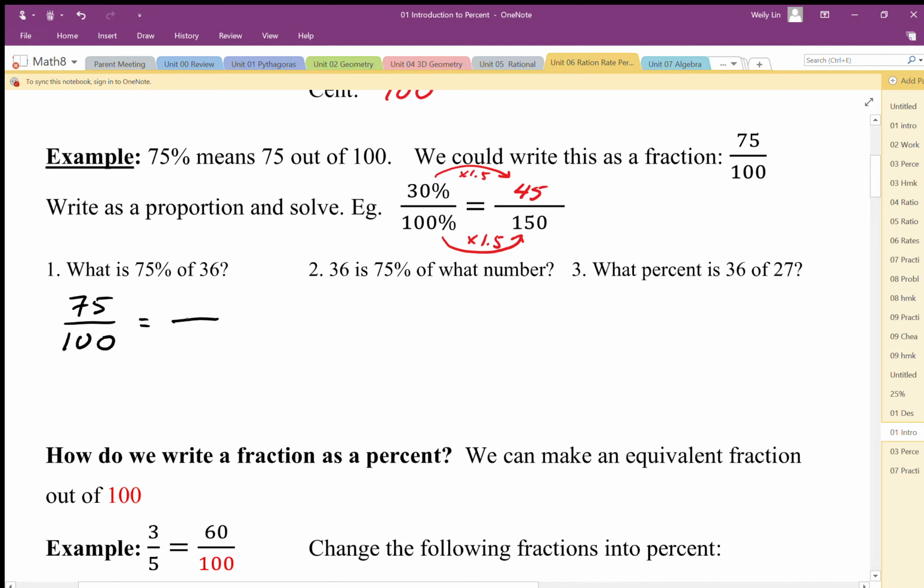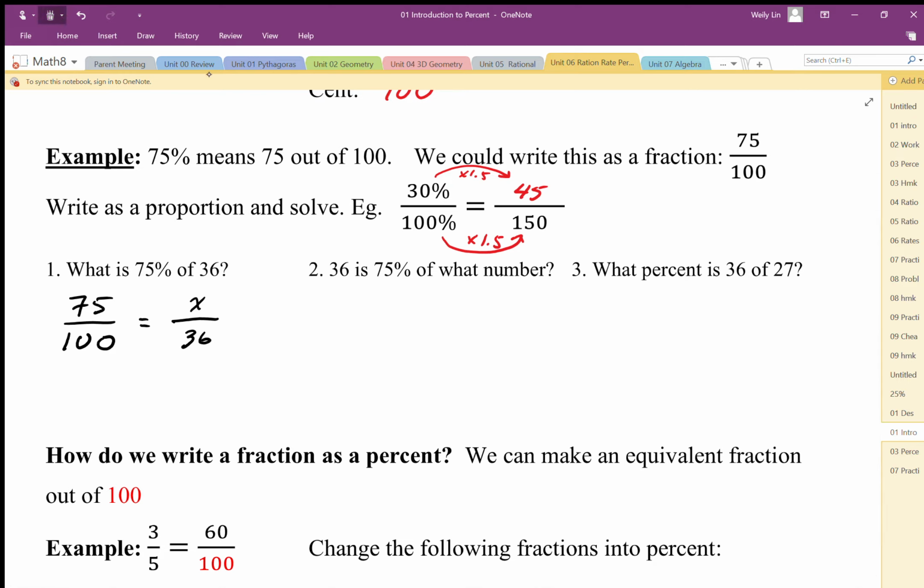If we take a look at this, we're going to say that 36 is the whole, so out of 36. So 36 represents the whole, and then we're looking for the part. So we can find a multiplier. Now there is a left and right multiplier here, and if I divide 36 by 100, I get 0.36.